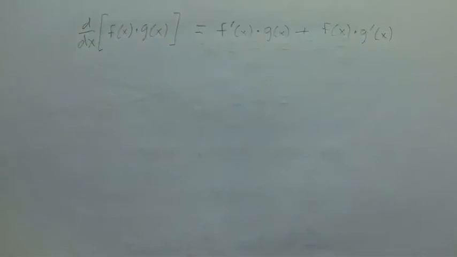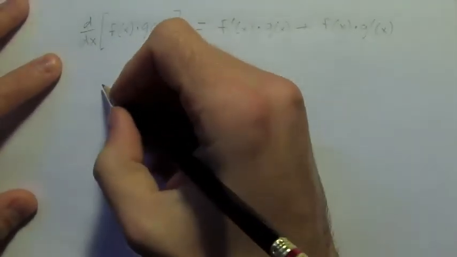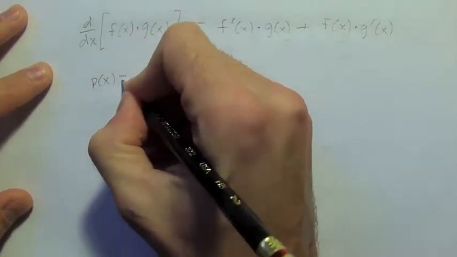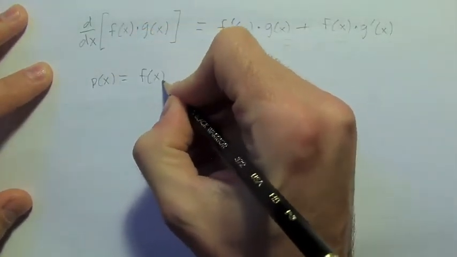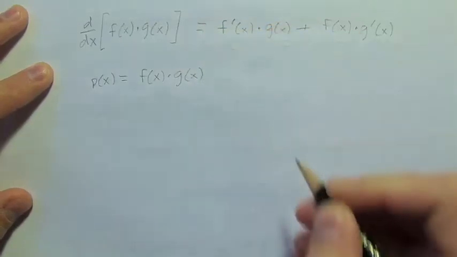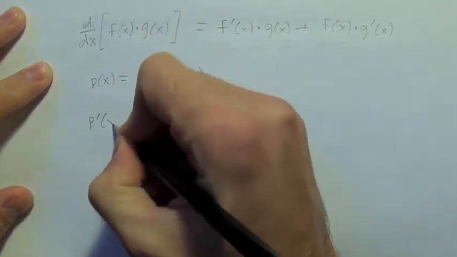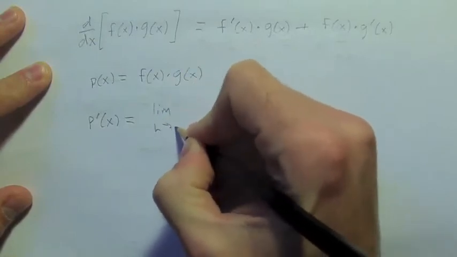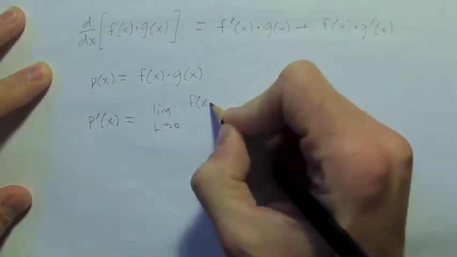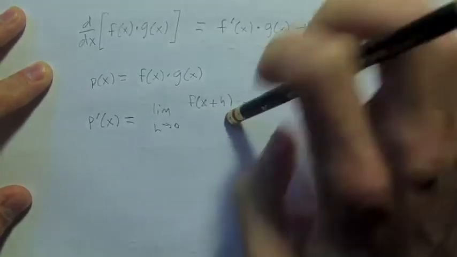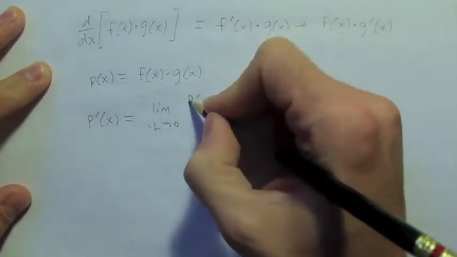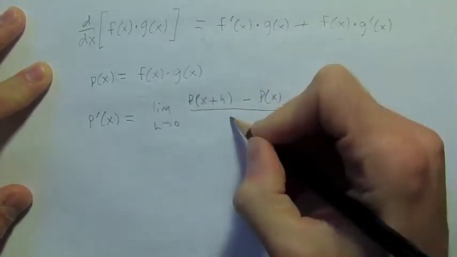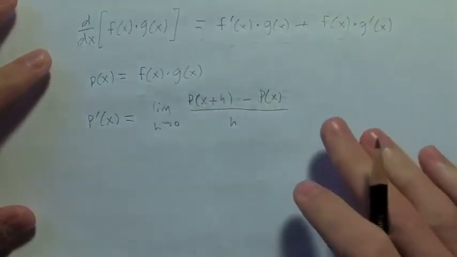Okay, so let me show you where this comes from. Basically, if I say that p of x is the product f of x times g of x, and I look for p prime of x, I'll end up getting the limit as h goes to 0 of p of x plus h minus p of x all over h.